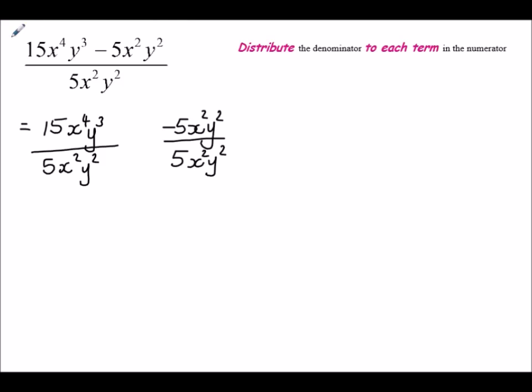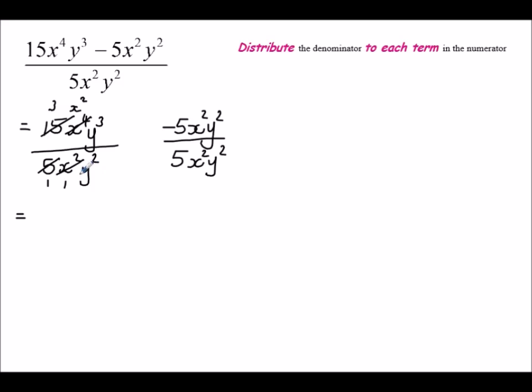I've taken my one term and split it into two terms. The first thing I do are the signs, positive divided by positive, so that's going to be positive. Numbers, 5 goes into 5 once, 5 into 15 goes 3 times. I've got more x's at the top, so I'm going to cancel that, and I'm going to say 4 minus 2, so that'll be x squared.